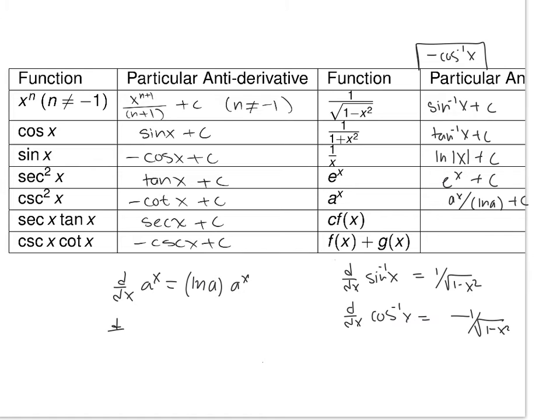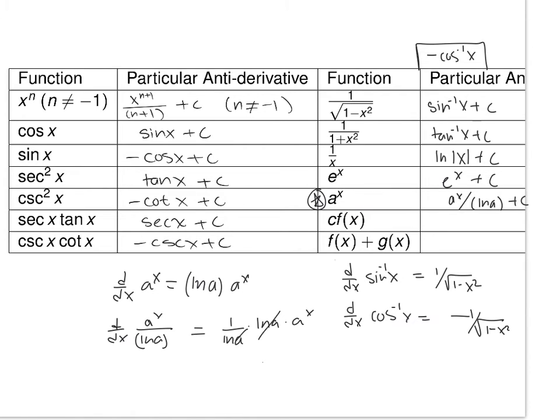If I took the derivative of a to the x over ln a, that 1 over ln a is just a constant, right? It'd be 1 over natural log a times natural log a times a to the x. And then they go kaboom. You just get back a to the x. That's probably the trickiest one that you're gonna see today.